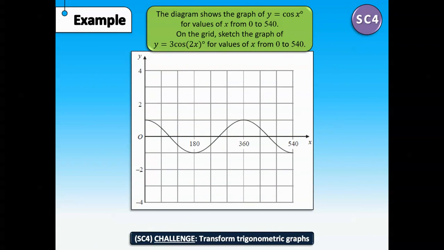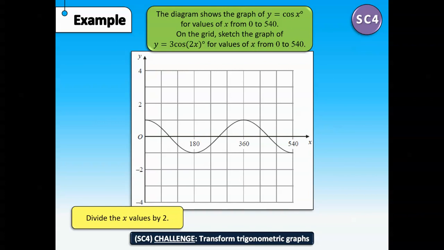So the diagram shows the graph of y equals cos x, for values of x from 0 to 540. On the same grid, we want to sketch the graph of y equals 3 cos 2x, for values of x from 0 to 540.